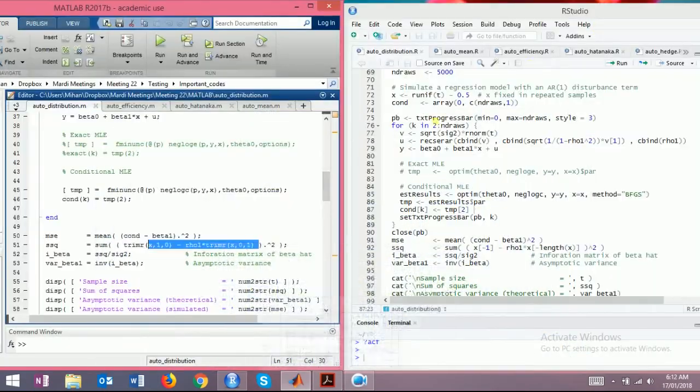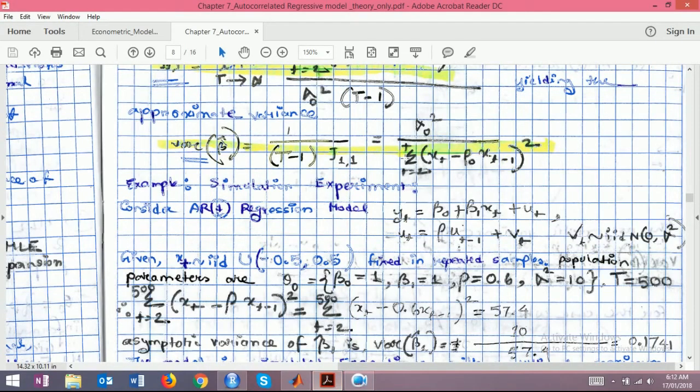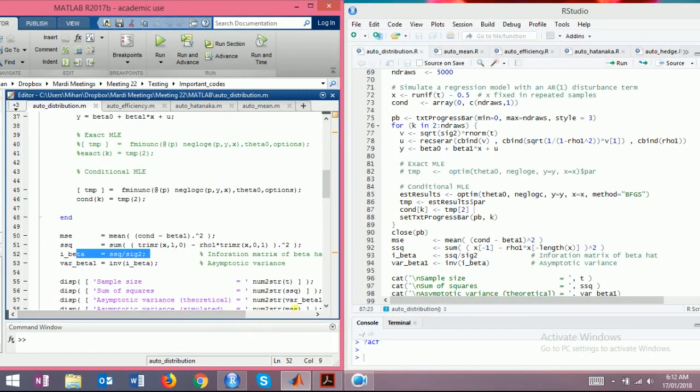See, I beta is SSQ divided by sigma squared. I beta, the information matrix, is the sum of squared errors divided by sigma squared. That's all. Information matrix of beta.